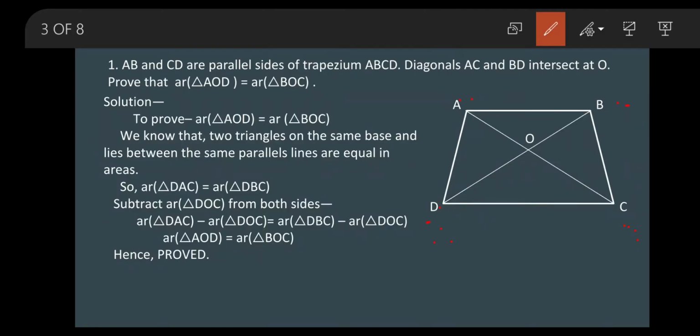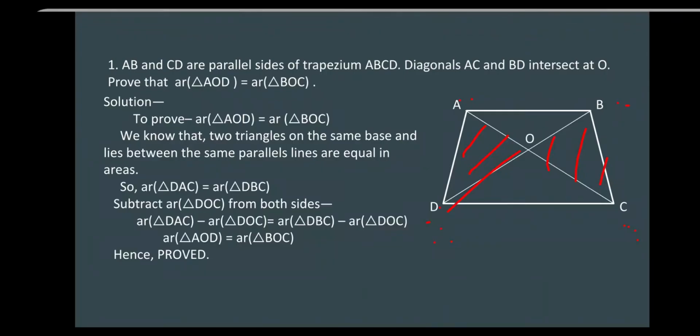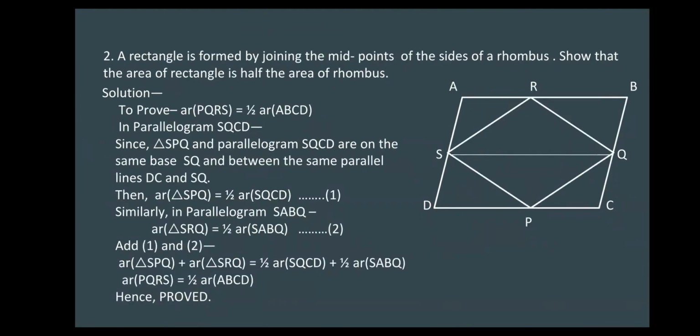Now subtract area of triangle DOC from both sides. Then area of triangle DAC minus area of triangle DOC is equal to area of triangle DBC minus area of triangle DOC, so area of triangle AOD is equal to area of triangle BOC. Hence proved.